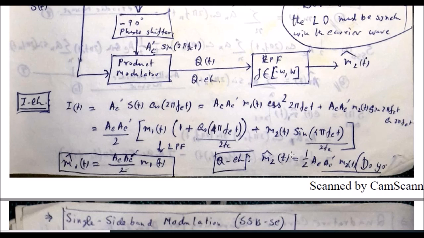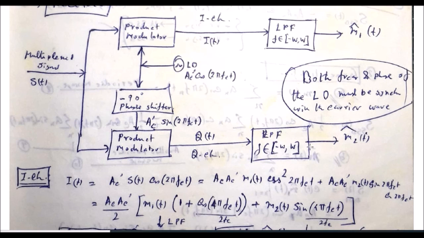You will find that here m2(t) will be obtained at the output, and all other terms will be associated with the 2fc frequency. So at the output of the low pass filter, you will get the estimation of m2, or m2 cap (t). So at the output you will get the user 2 signal.